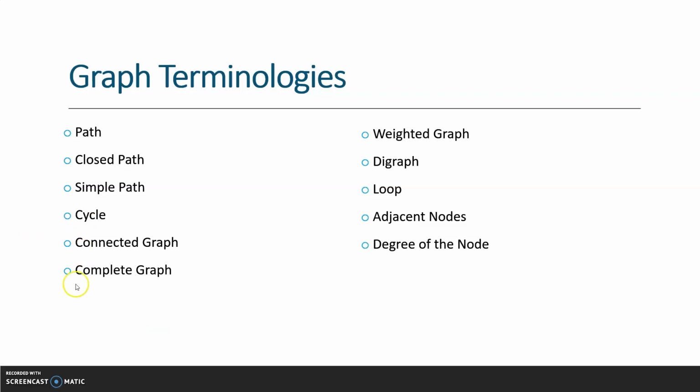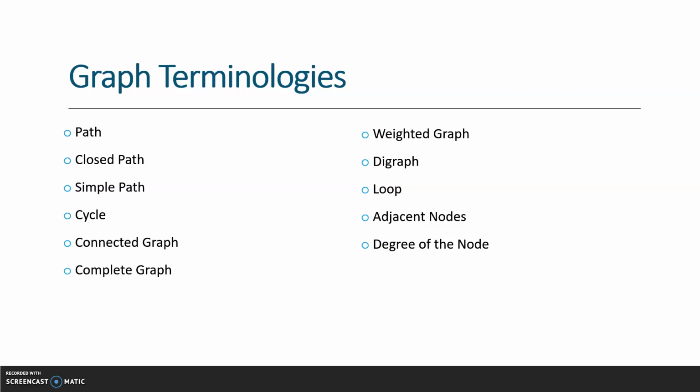Next comes the weighted graph. In a weighted graph, each edge is assigned some data such as length or weight. Then digraph. A digraph is a directed graph in which each edge of the graph is associated with some direction, and traversing can be done only in the specified direction.